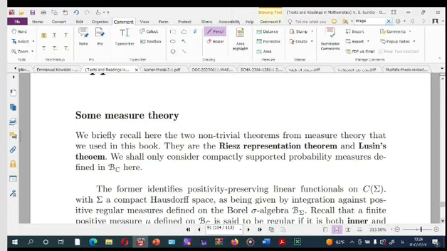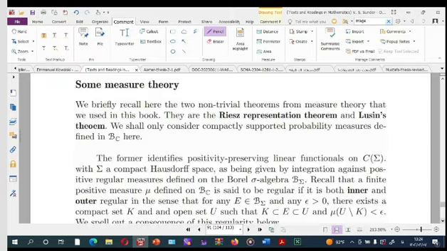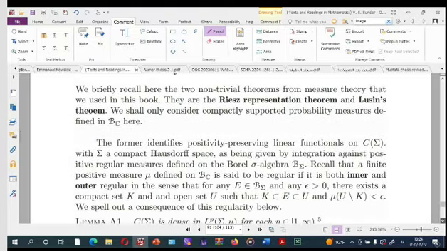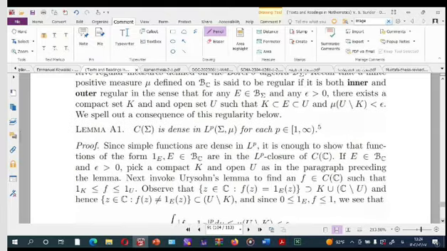They are the Riesz representation theorem and Lusin's theorem. You know both of these theorems, dear students. In this section, we recall these two theorems, and it is maybe good for you.